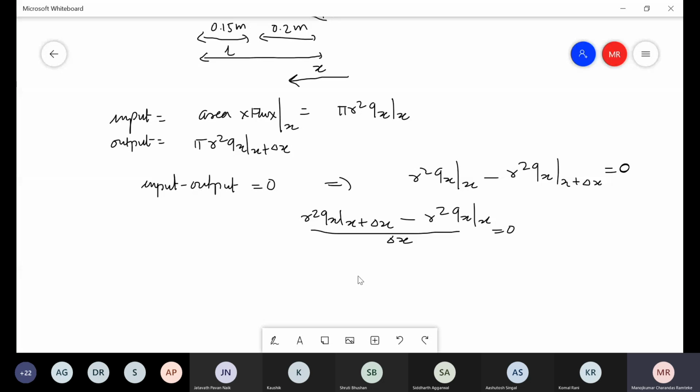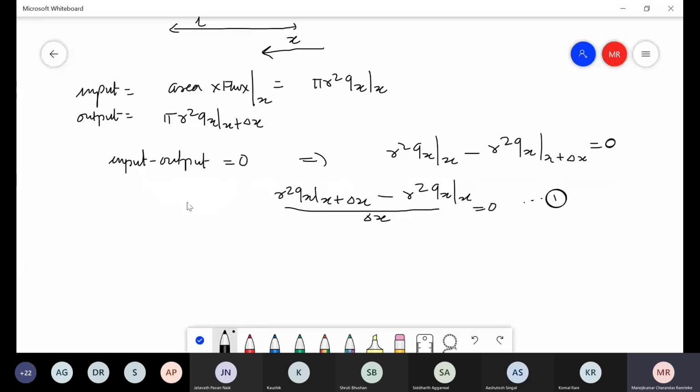So from equation one, we can write d by dx of r square qx equals 0. Using Fourier's law of heat conduction, qx here will be minus k dT by dx.